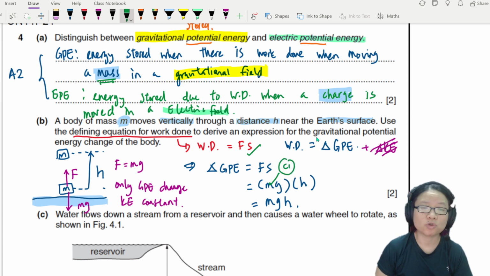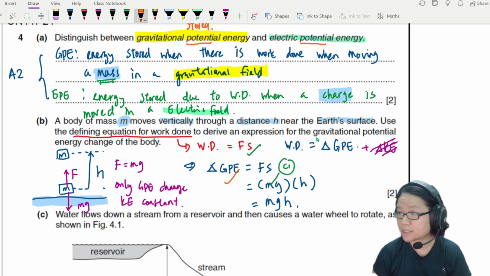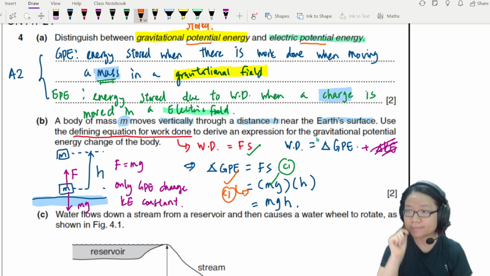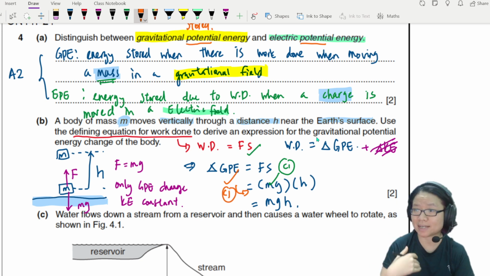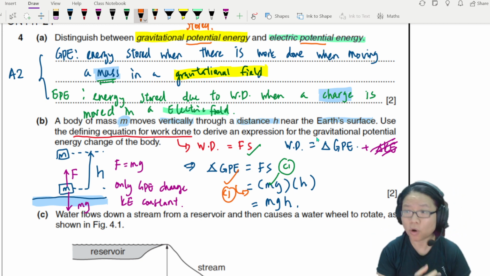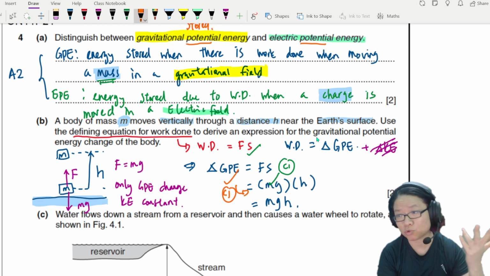And finally, you relate the change in energy or the energy conversion. This part here, change in GPE is equal to Fs, leading to this one, you will get 1. Okay, so make sure you show all the key steps. Derivation of KE, GPE, elastic potential energy, all those you need to know. They could ask you for 2 to 3 marks.